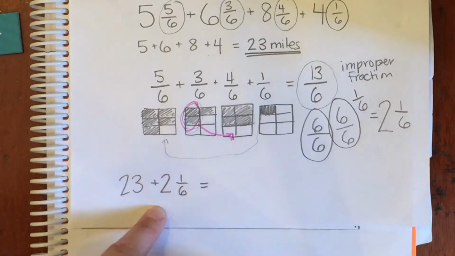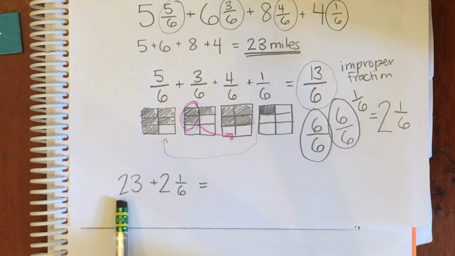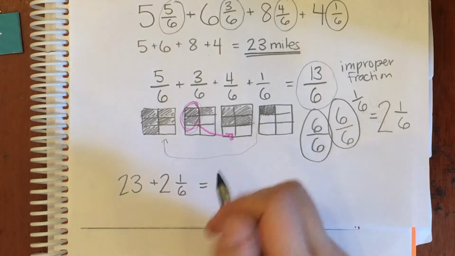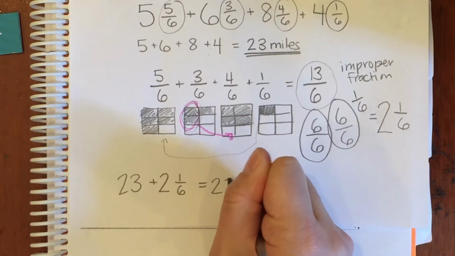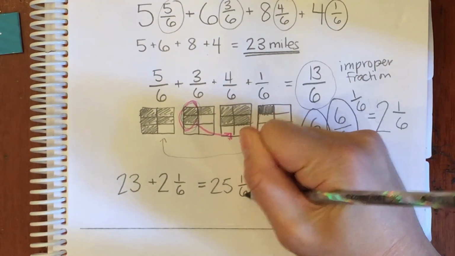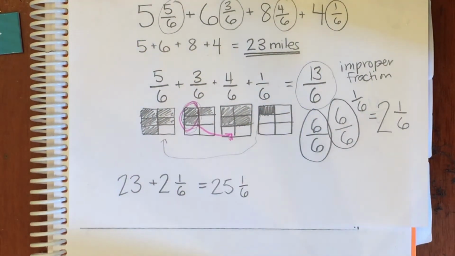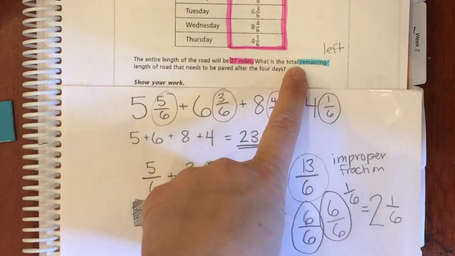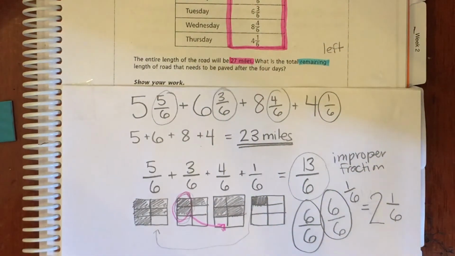So we have to add that together. If I have 23 miles and 2 more miles, then how many miles do I have? 25 miles. And we'll bring that 1/6 back over too, because we can't just get rid of it or ignore it. All right, so last step is figuring out how much is left for them to get to 27 miles.